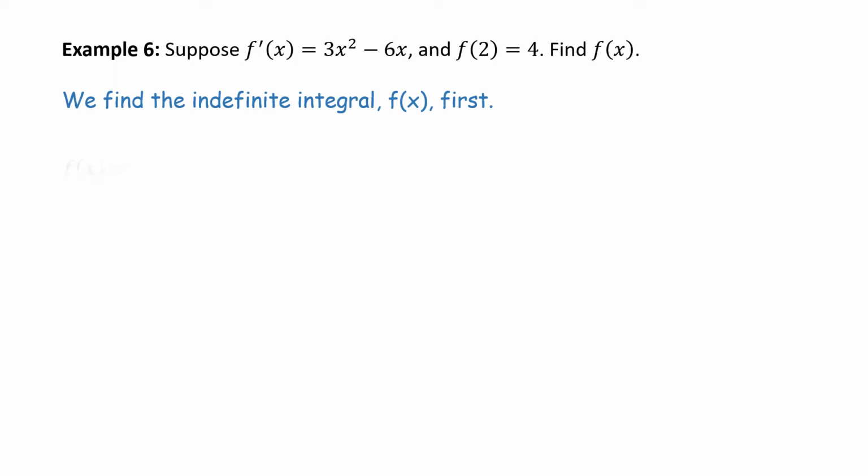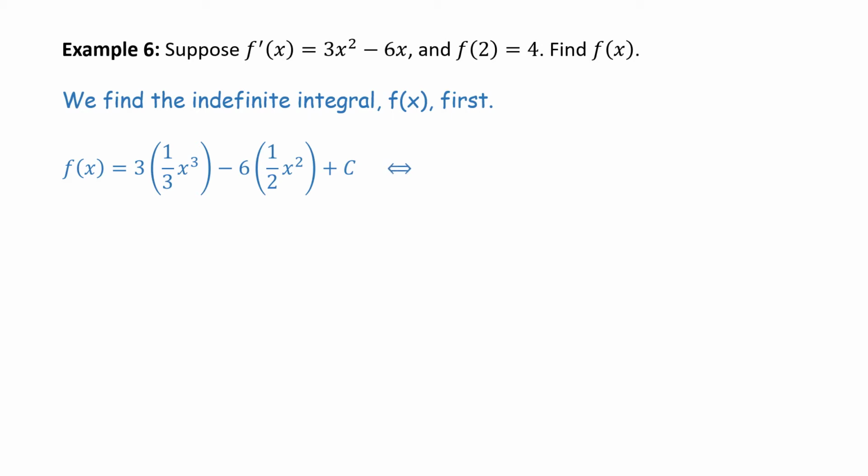You'll get f of x is equal to the constant 3 times the antiderivative of x squared, which is 1 over the power of 2 plus 1, which is 3, times x to the power of 2 plus 1, which is also 3, minus, for the second term, 6 times the antiderivative of x, which is 1 over 2, which is 1 more than the existing power, and x to the power of 2, plus c.